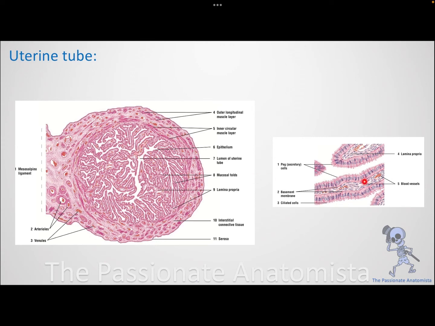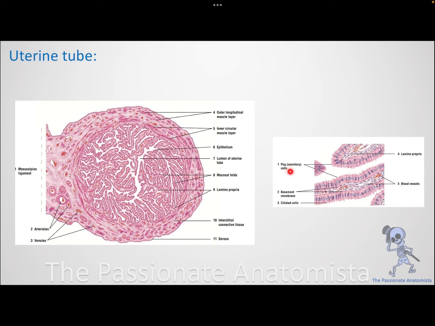So if you guys look at the cells of the uterine tube, it's formed by two cells, and structure explains function. I have the secretory cells, and I have ciliated. Why do I need secretory cells? Because I need to produce a mucus, and that mucus is important as nutritive function, protective function, lubricative function to the oocyte.